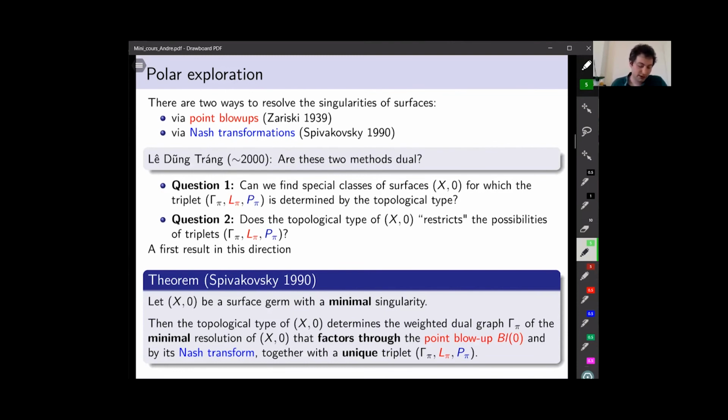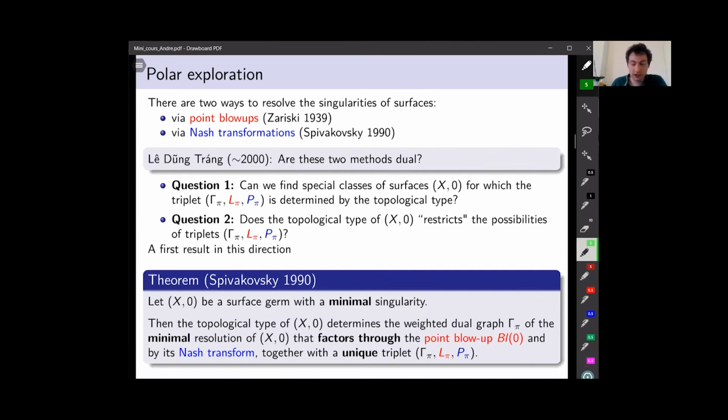So there is a question that goes back to Lê Dũng Tráng that asks, are these two methods dual? Of course, this question can be formalized in many ways, and what we are interested in is formalizing it with respect to the triplet that we've been talking about. Here are two questions that arise for us.